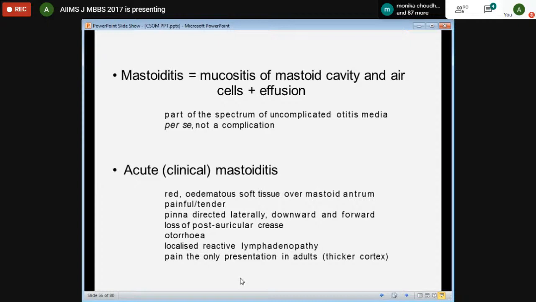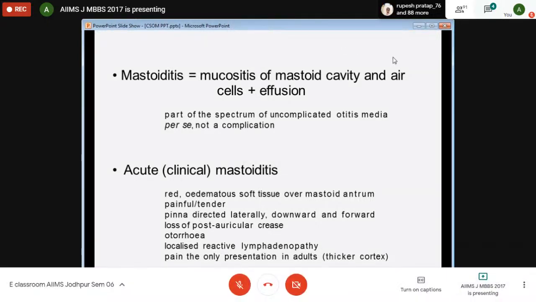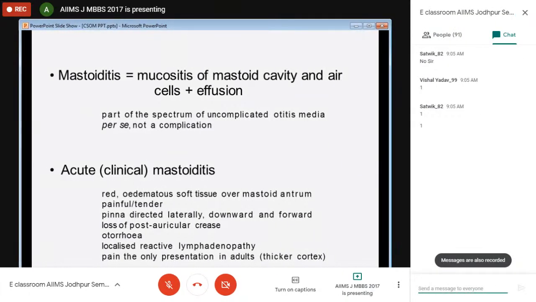It is a part of the spectrum of uncomplicated otitis media. What is acute mastoiditis? Acute mastoiditis is basically red, edematous soft tissue over the mastoid antrum. It is painful and tender, and the pinna is displaced laterally, as we have seen in that picture.